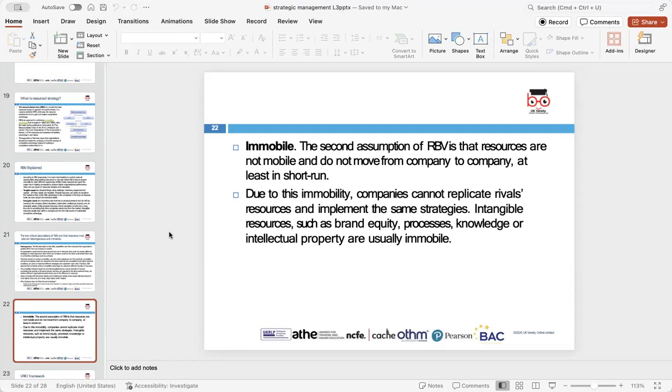For example, intangible resources such as brand equity, organizational processes, and intellectual property are typically immobile. These resources are unique to each company and contribute significantly to its competitive advantage because they cannot be easily transferred or duplicated. They play an important role in maintaining the firm's strategic edge.